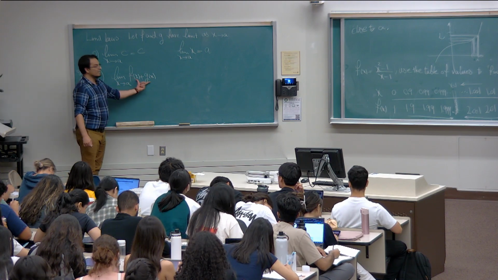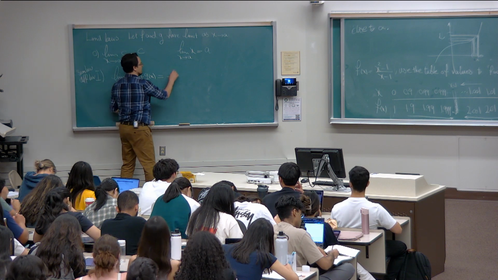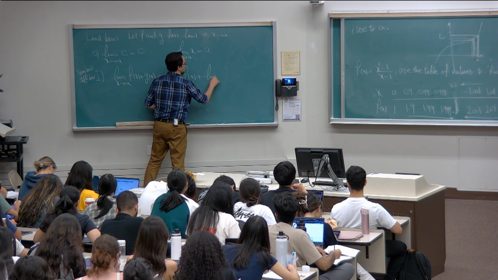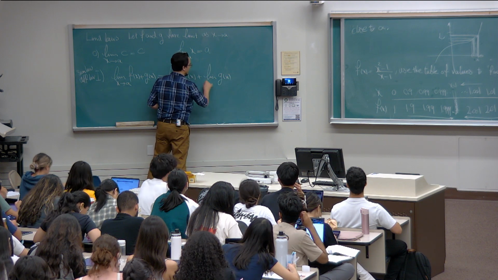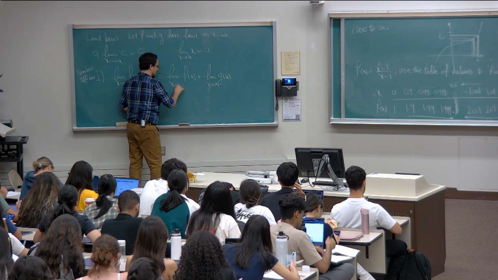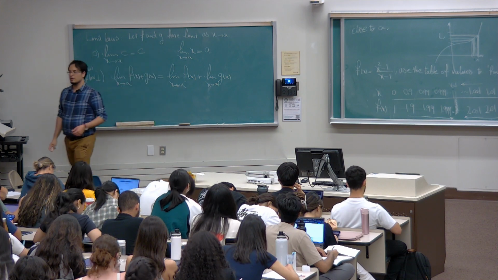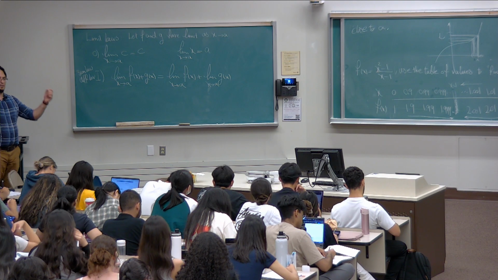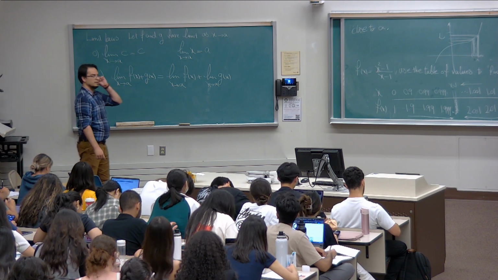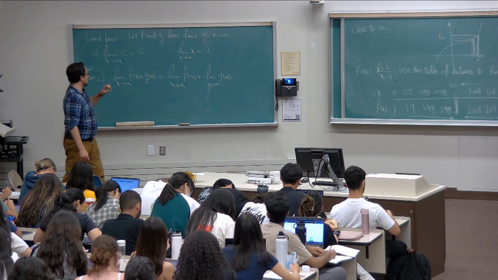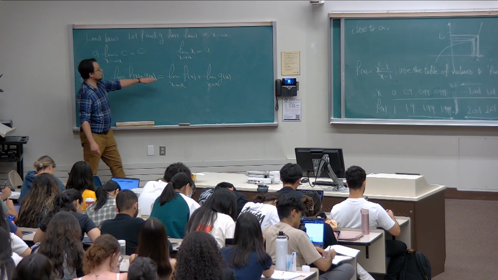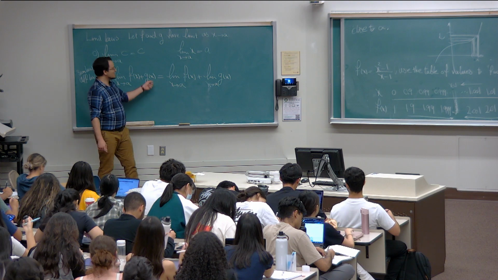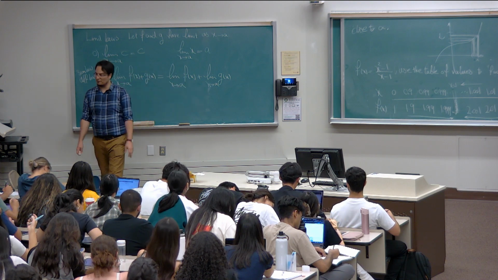If you create this new function, then your new function is going to have a limit, and you can actually evaluate that limit by knowing the limit of the first summand and the limit of the second summand. So limit of sum is equal to sum of limits.